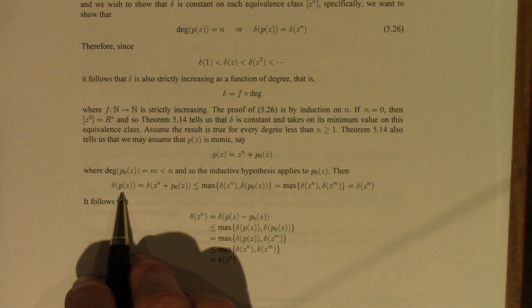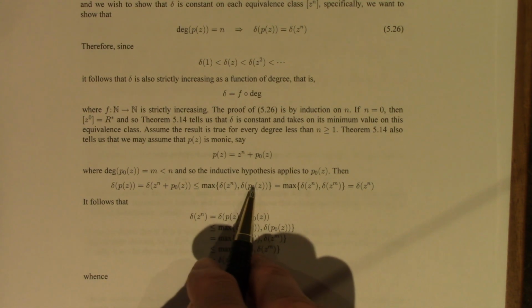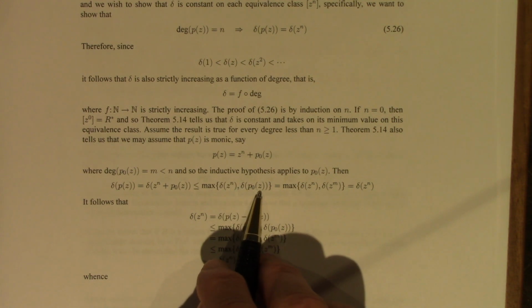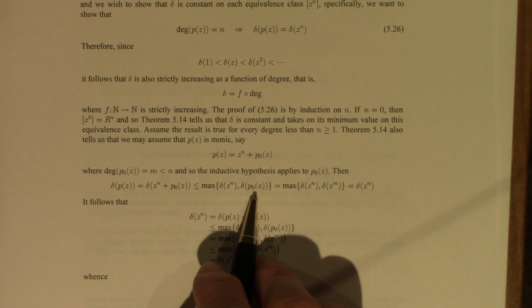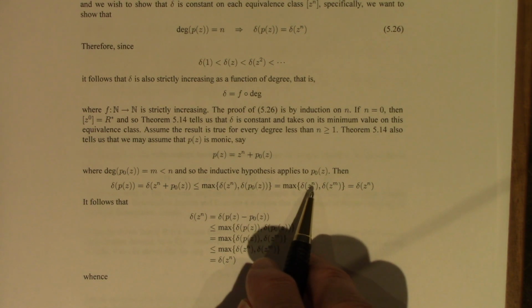Then delta of p of z is delta of this, which by uniqueness is less than or equal to the maximum of the norm of z to the n and the norm of p naught of z. The inductive hypothesis tells us the second norm is the norm of z to the m. This is the norm of z to the n.